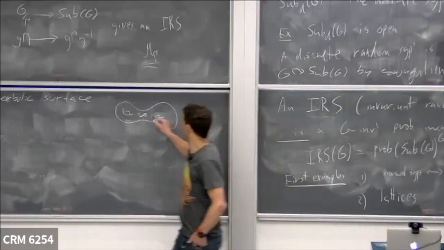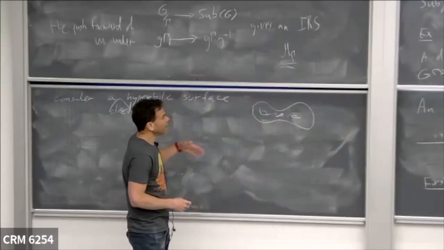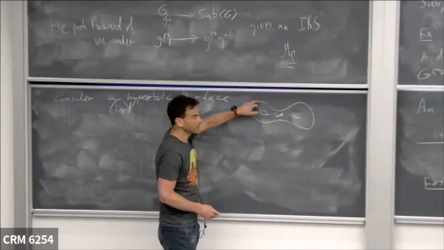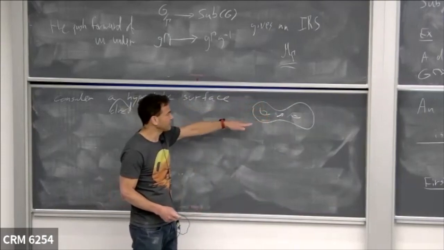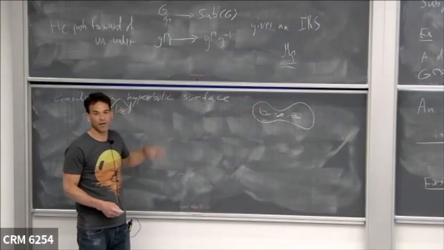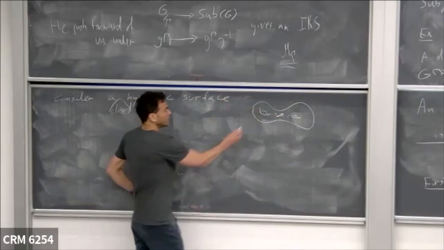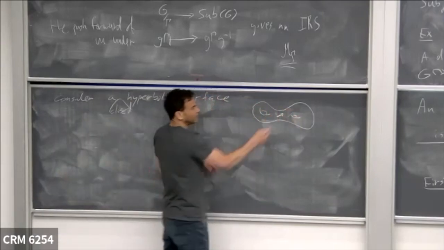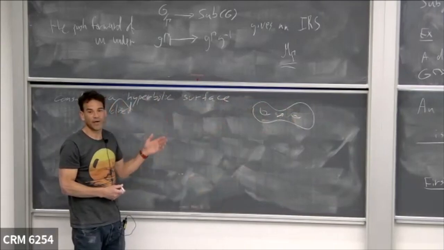So any choice of a point and a unit tangent vector gives you some conjugate of the fundamental group inside SL2R. And if you take a probability measure here, it gives you a probability measure on all the conjugates. So it actually gives you an IRS.